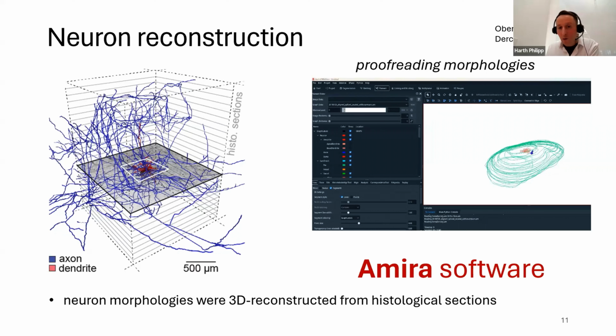But proofreading is certainly a huge field, and there are many recent works, particularly in this EM domain, with very comprehensive tools that facilitate proofreading. So it's definitely worth doing some in-depth search for the available tools.